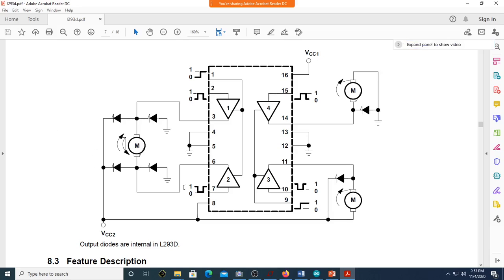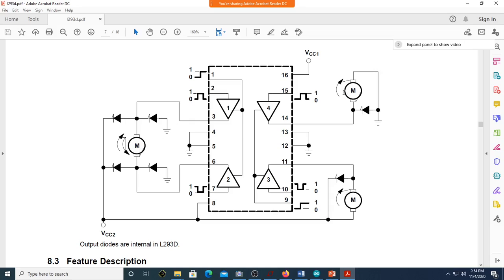Can you see this? We have 4 buffers driving 3 motors. See here, buffer 3 and 4 are driving only one motor, correct? Exclusively, 4 is running this motor, 3 is running this motor, whereas buffer 1 and buffer 2 are driving a single motor.